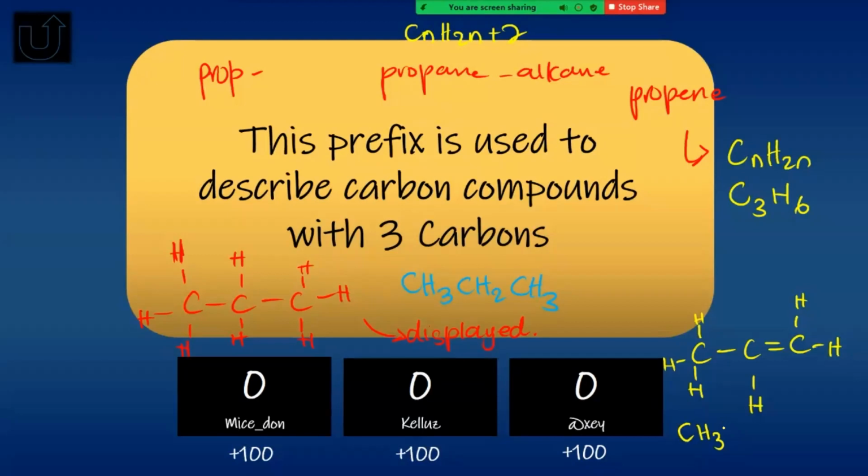Can we show a double bond in a condensed formula? You're supposed to do it, so it's possible.